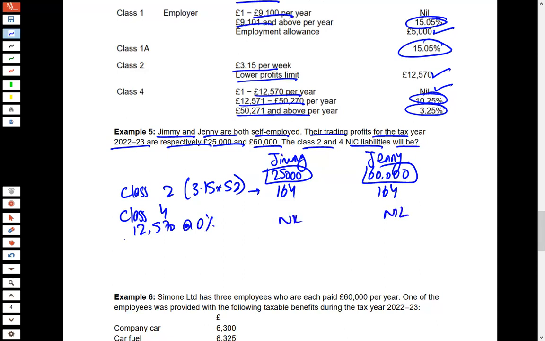Then for Jimmy, 25,000 minus 12,570, whatever is the amount is going to be taxed at the rate 10.25%, which amounts to 1274.